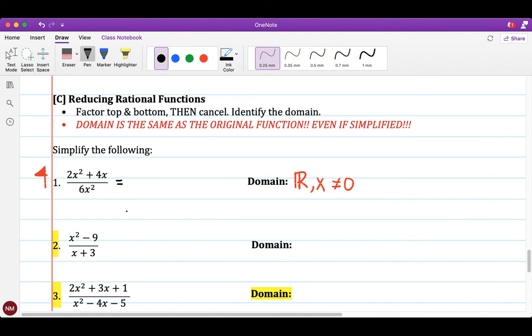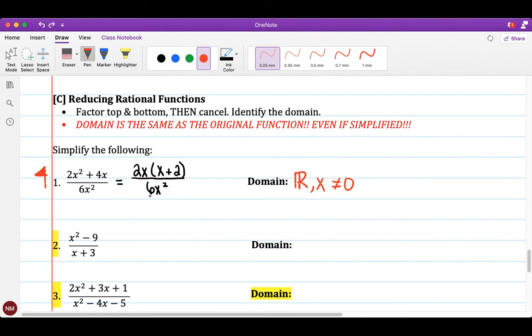Then we have to factor this out. If I factor my numerator, what do I get? Well, I can factor out the greatest common factor, which is 2x, and x plus 2 is left. And here I have 6x squared. You can't factor this any further. Now, we can simplify this.